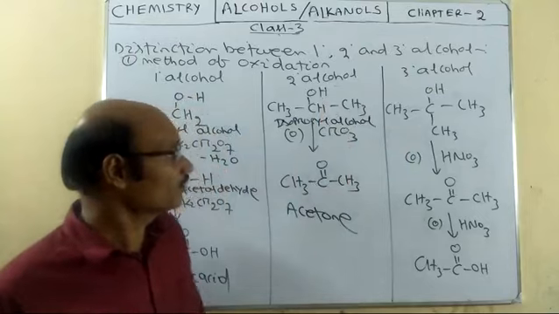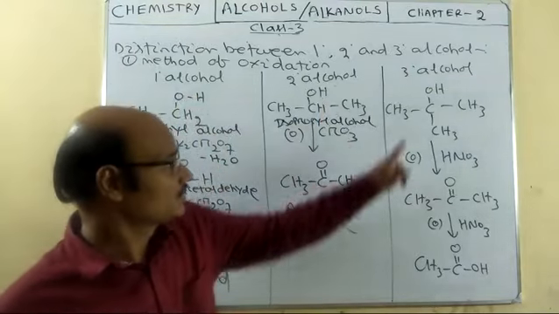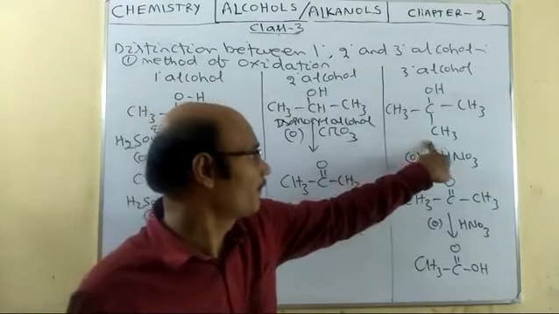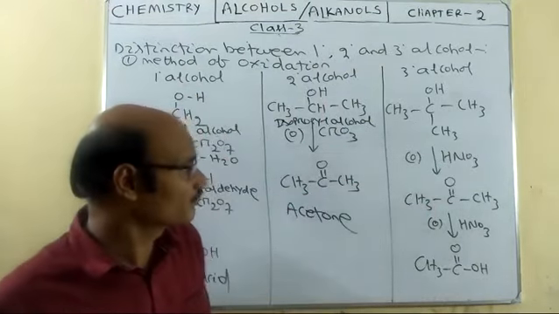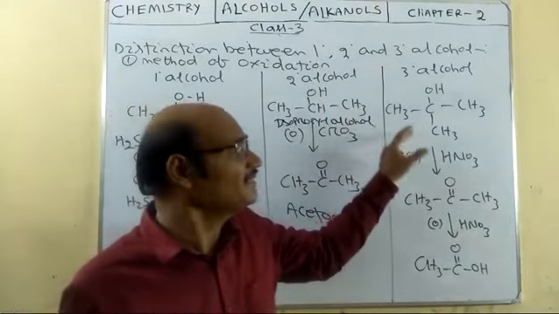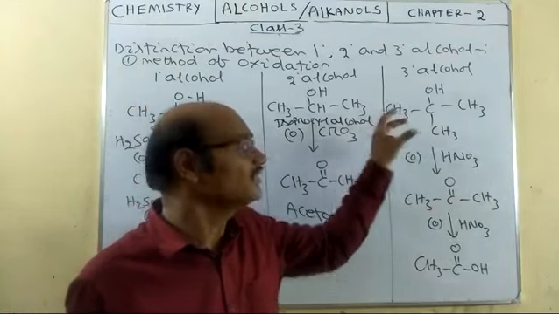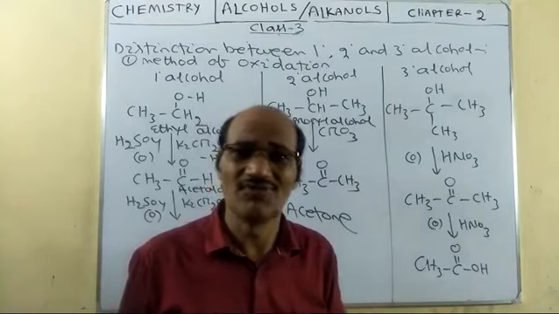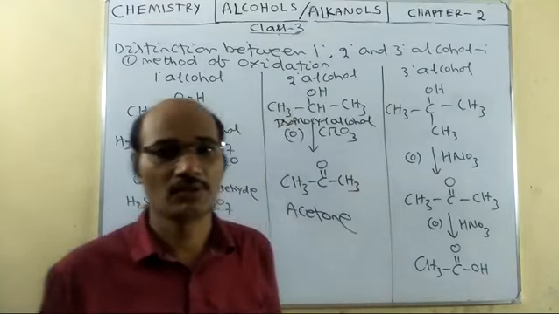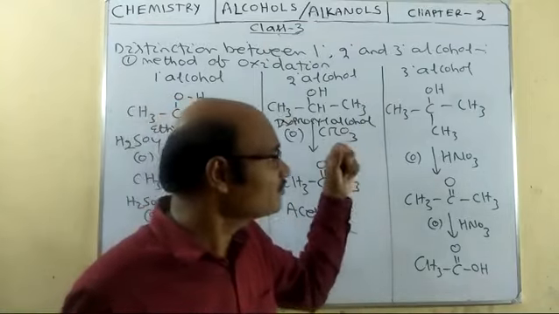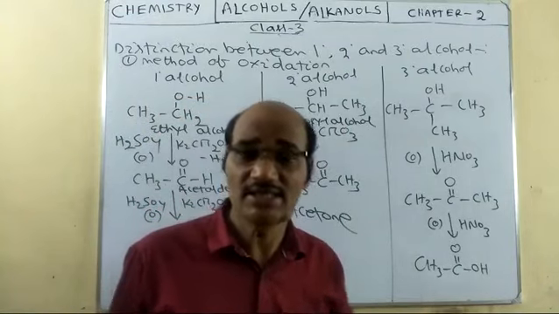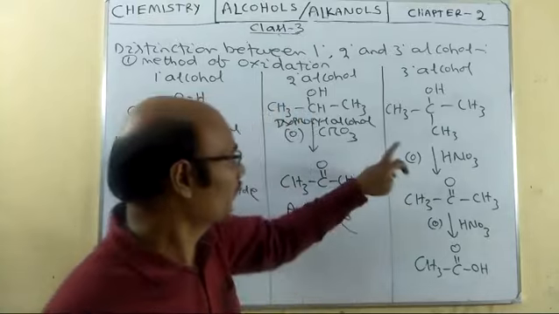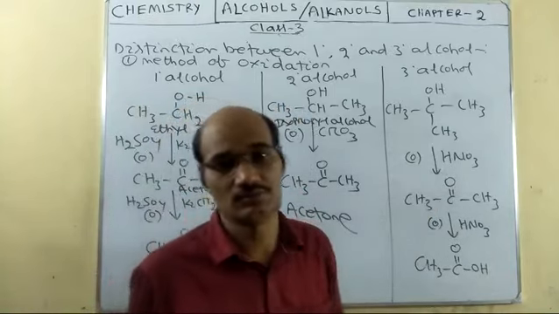Okay. Now when you come to tertiary alcohol, (CH3)3COH, tertiary butyl alcohol. This tertiary butyl alcohol, or tertiary alcohols, do not undergo oxidation very easily. It requires a strong oxidizing agent to undergo oxidation, like nitric acid.